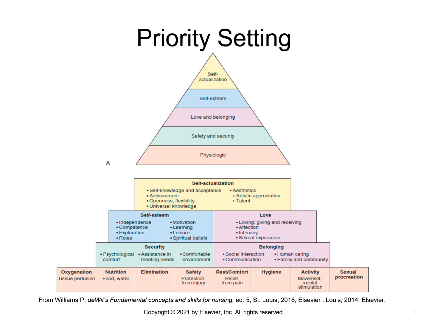So the top triangle is Maslow's hierarchy of needs. And if you look at or even remember from a prior course, the physiologic are basic life-sustaining needs.